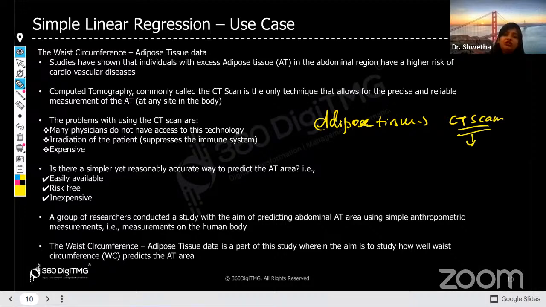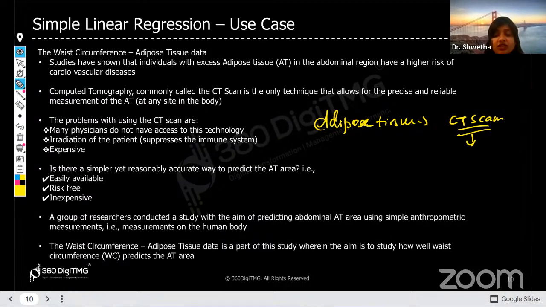And because the CT scan was the only way to find out, doctors were facing issues as CT scans are not available everywhere. The machine was very costly, and not all hospitals or physicians have access to this technology.